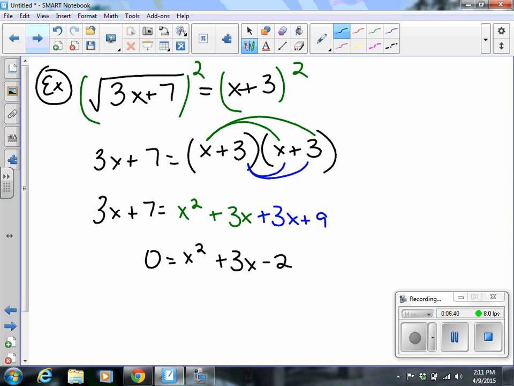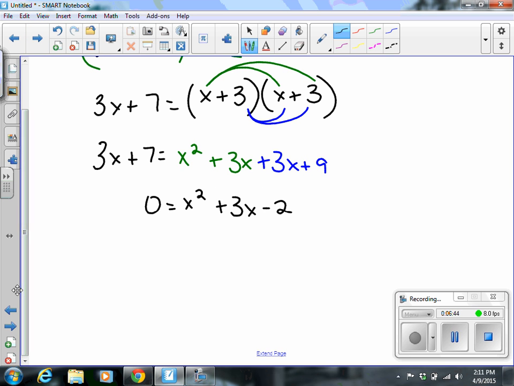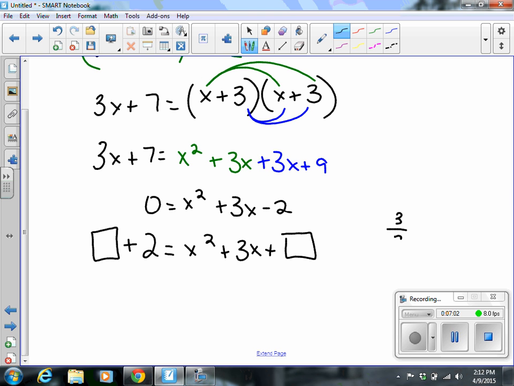So now from this, you can use a couple different ways. You can complete the square. You can also use the quadratic formula, or you can factor. I'm going to go ahead and complete the square just because I know it's another method that we need to practice. Looking at this, I have 3 over 2 squared, which gives me 9 over 4.